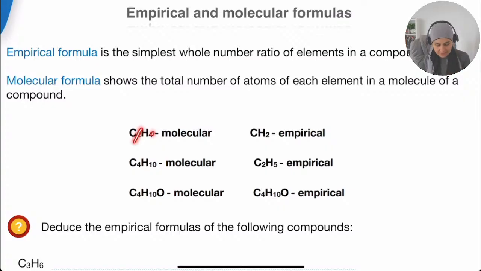So I can cancel these out by 2. So my empirical formula would be CH2. For C4H10, I can also cancel them out by 2, so I get C2H5. For this one, molecular and empirical formula would be the same, because I cannot cancel anything out.